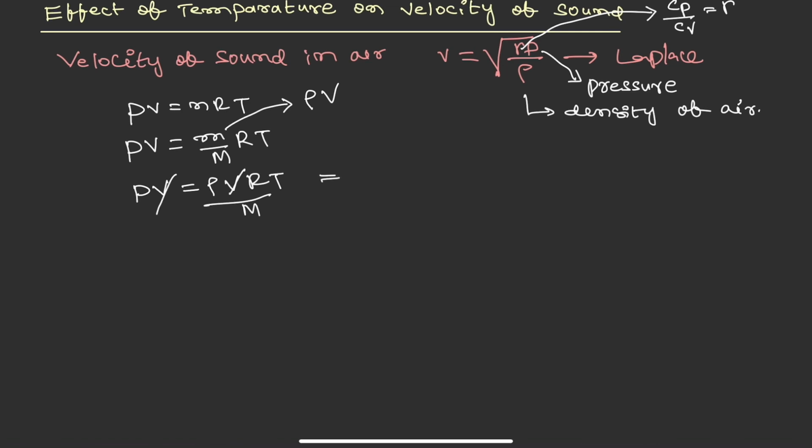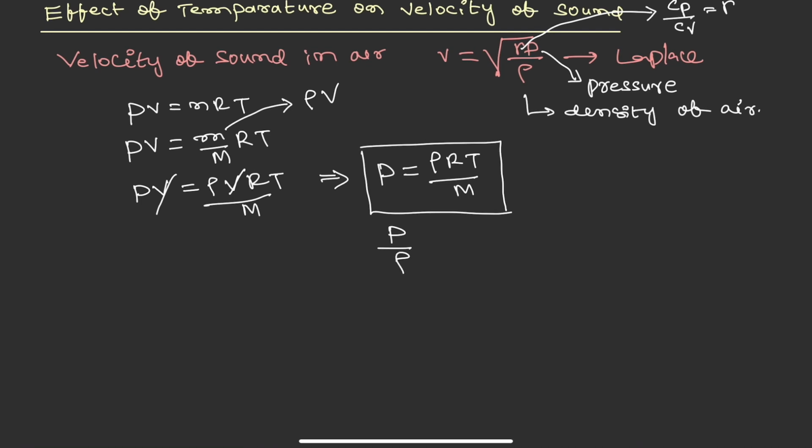So now we can say P is equal to rho RT by M. This is pressure. From this, P by rho is equal to RT by M.